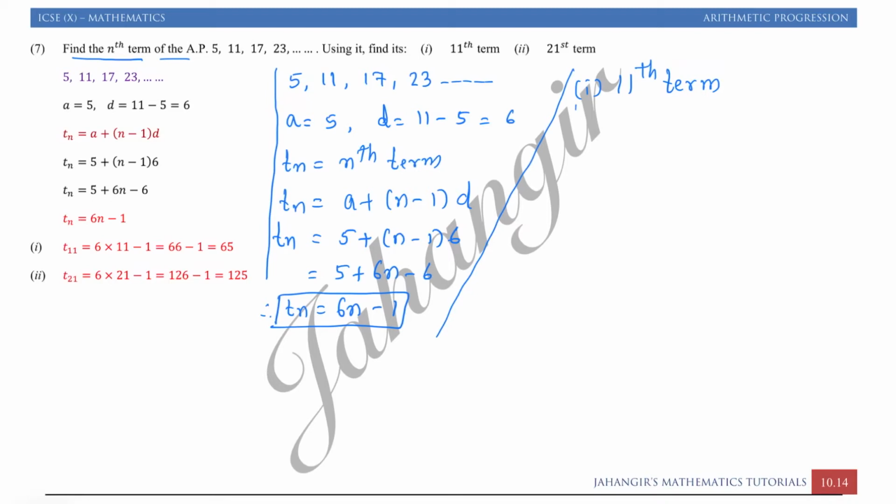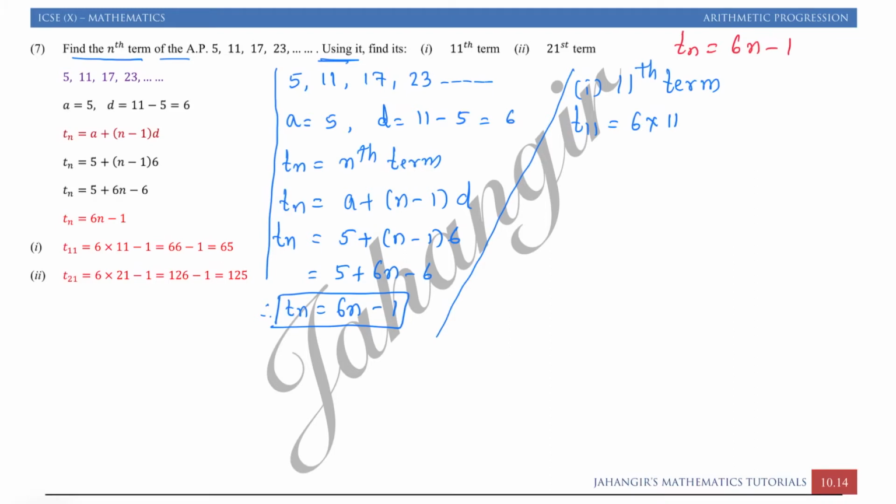So the 11th term we can write as T11 is equal to, just see what they say, using this nth term we can find the 11th term. In place of n, we are just replacing 11. We found Tn as 6n minus 1.